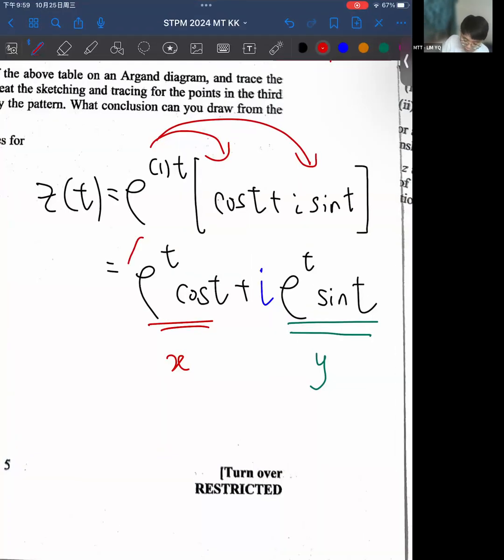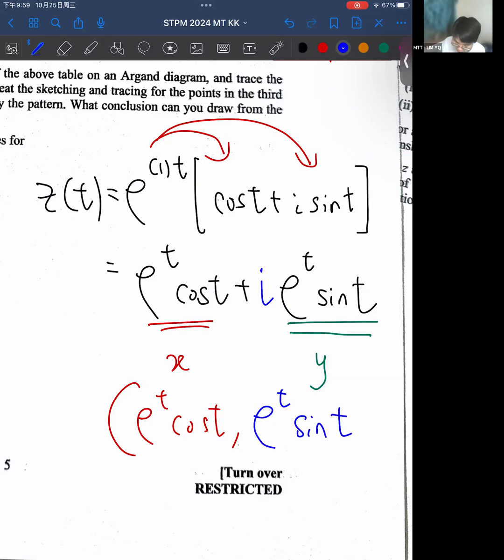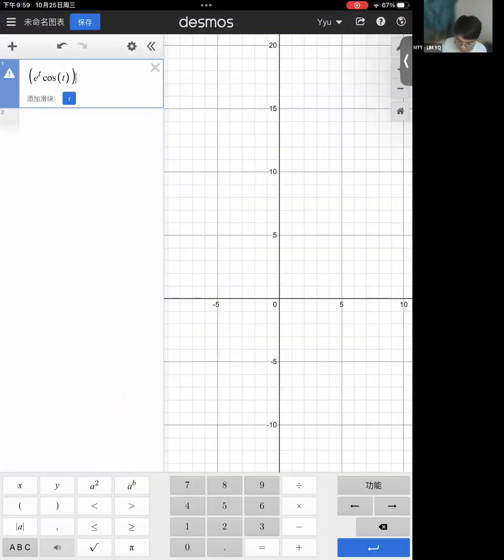Let me go back. Correct, e^t cos t. Here I want to put e^t cos t, comma, and I don't need the i because I already told you: if I want to plot something, the calculator needs only the coordinates. The y value is e^t sin t.